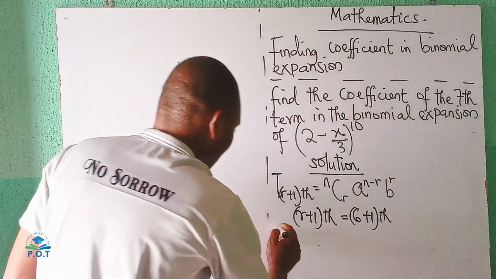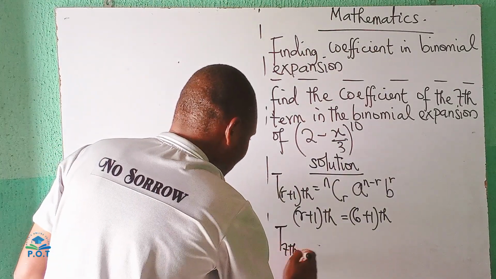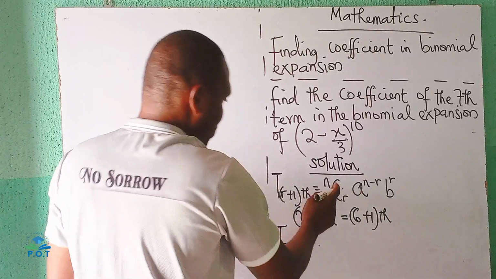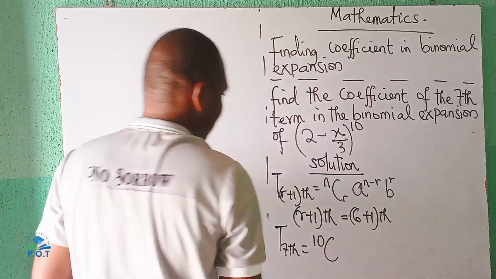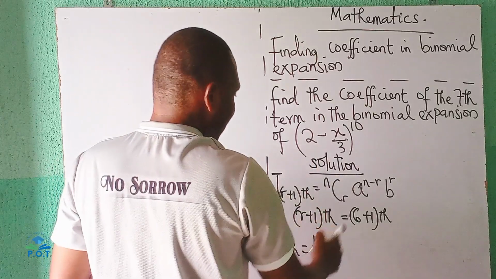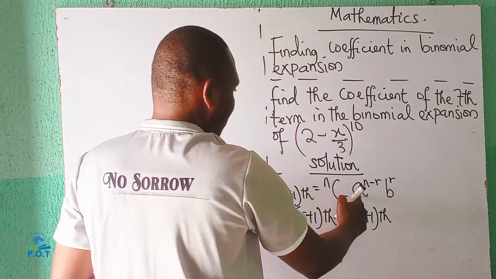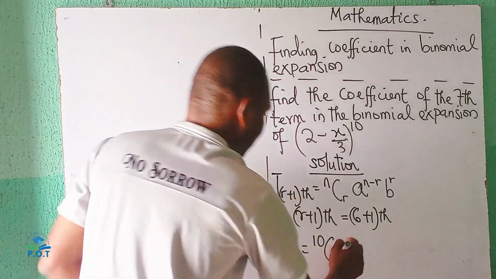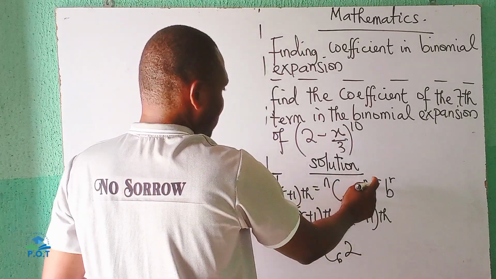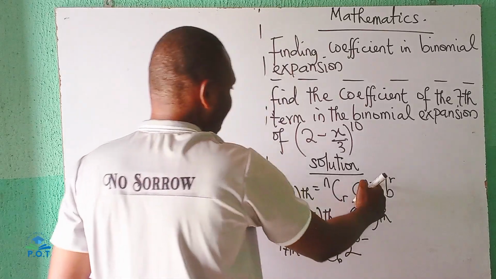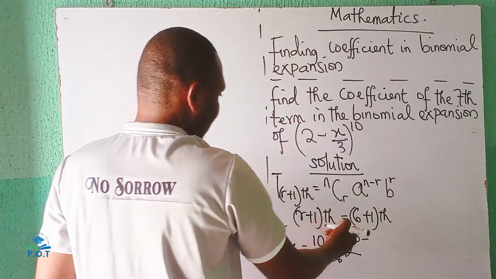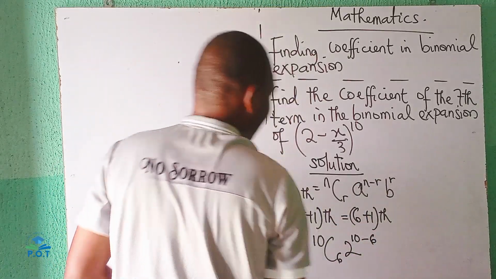So it's going to be T seventh, that is 6 plus 1, equals, my n here is 10, 10 combination. Now, my r here is 6, my a here is 2, raised to the power of n minus r. What's my r? 6.